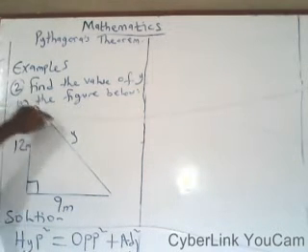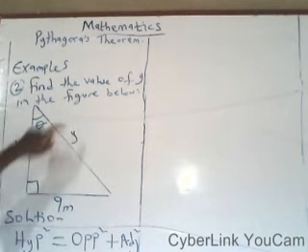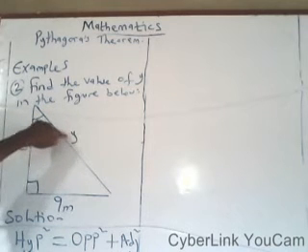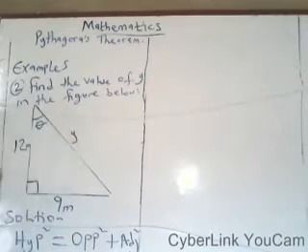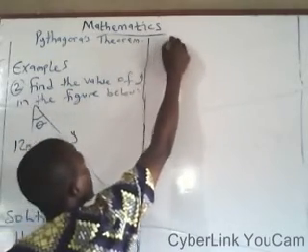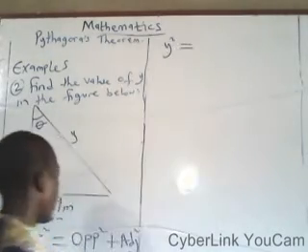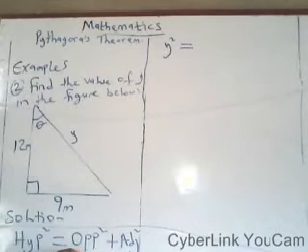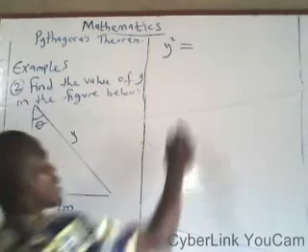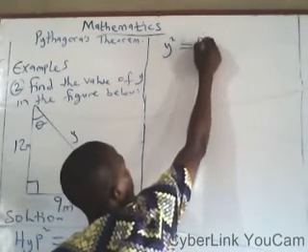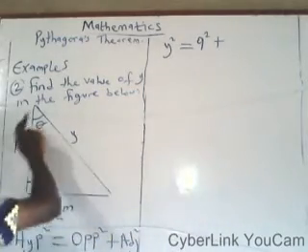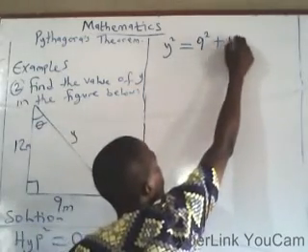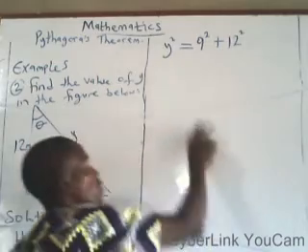Now here we are, our hypotenuse is y, which is the one in question. That is what we have to find. y square now equals opposite square. Our opposite is 9, 9 square, plus adjacent square. Our adjacent is 12 meter. That is 12 square.